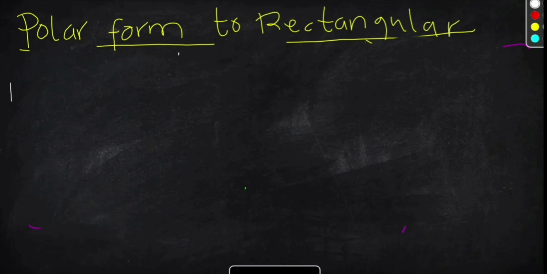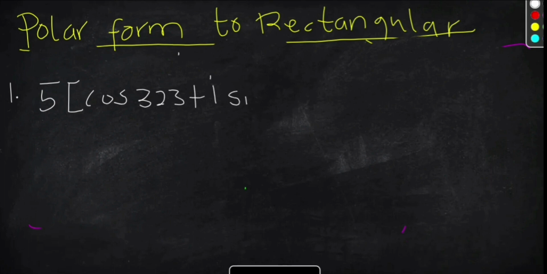We have example 1 to be 5 cos 323 plus i sine 323.